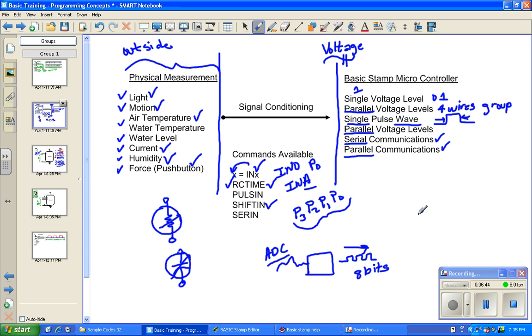Now there is something called a photodiode that represents a current generator. And that current generator can also use the RCTIME command to input its changing value.